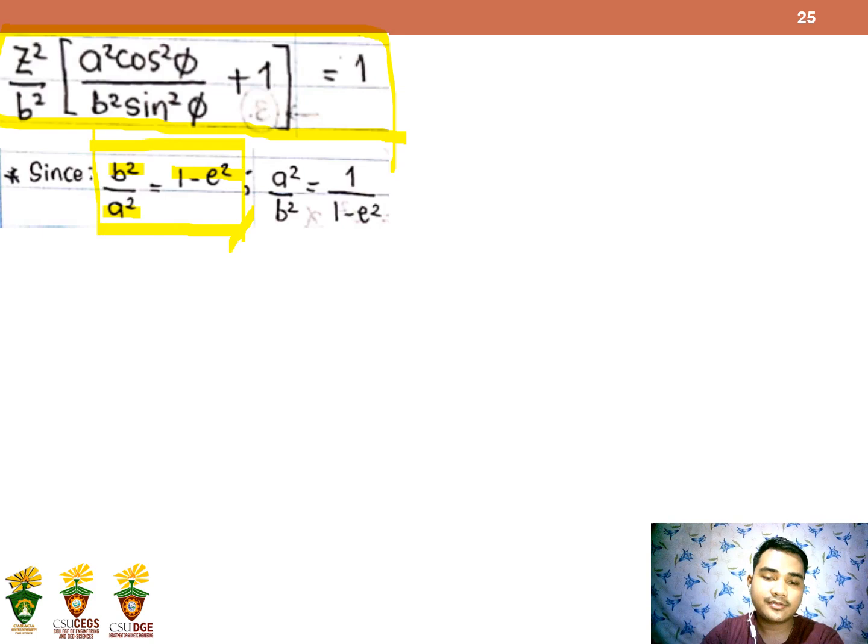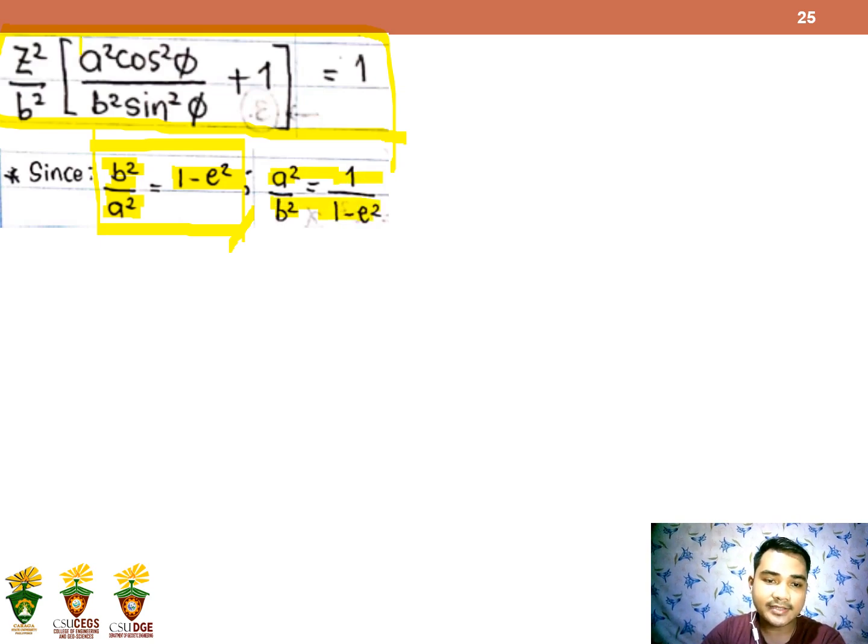But if not, you can freely prove this one if you are not satisfied. Since they are identities, if b squared over a squared is equal to 1 minus e squared, we can say that a squared over b squared is equal to 1 minus e squared.